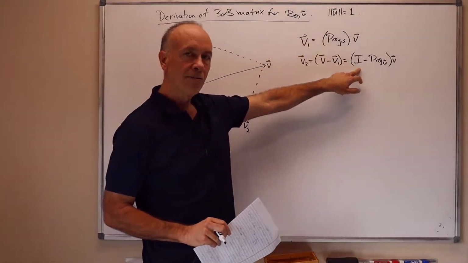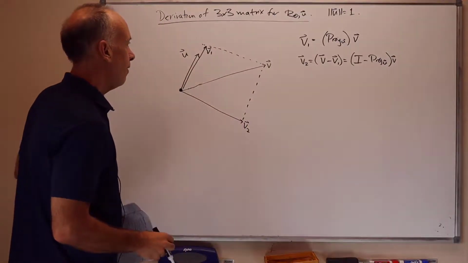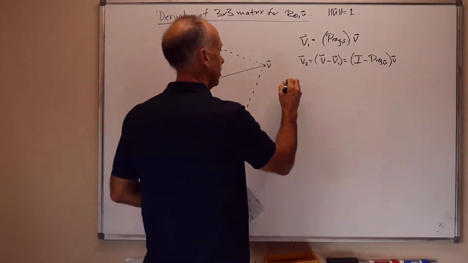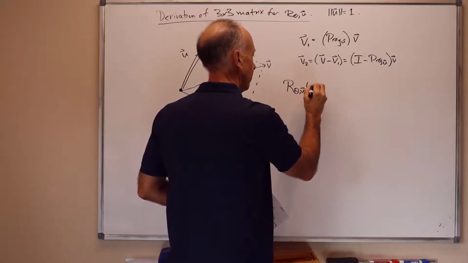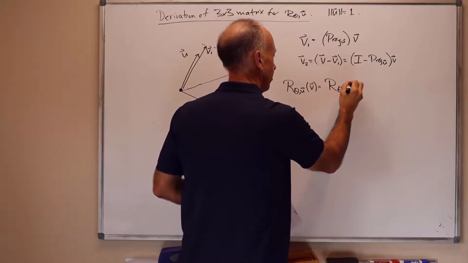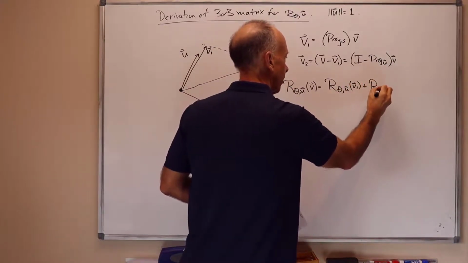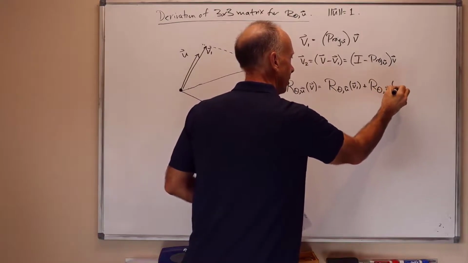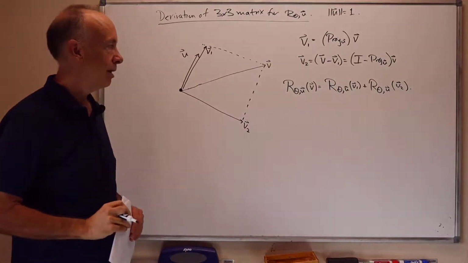We've also got a 3 by 3 matrix for I minus proj sub u, because I is a 3 by 3 matrix. And then we're going to notice that R theta u of v, by linearity, is equal to R theta u of v1 plus R theta u of v2, just because rotation is a linear operation.